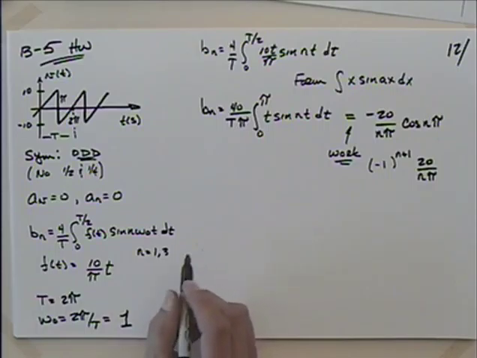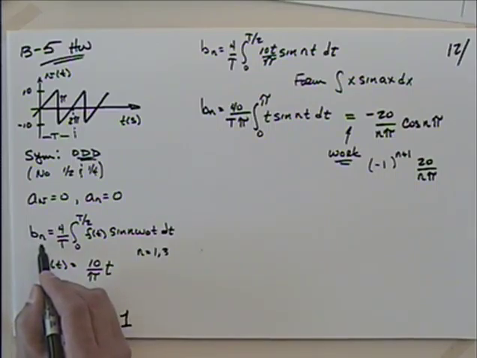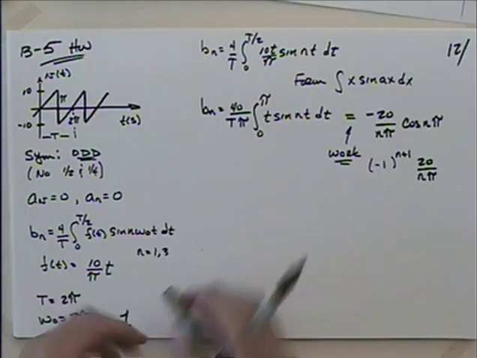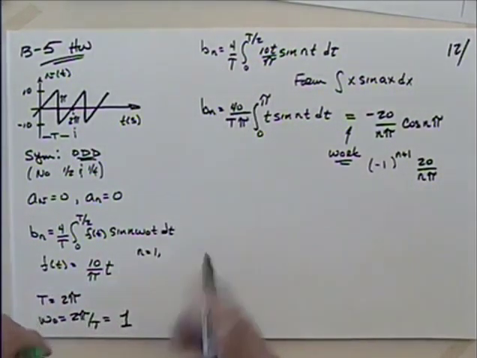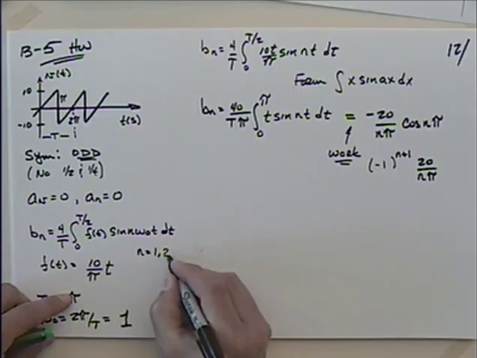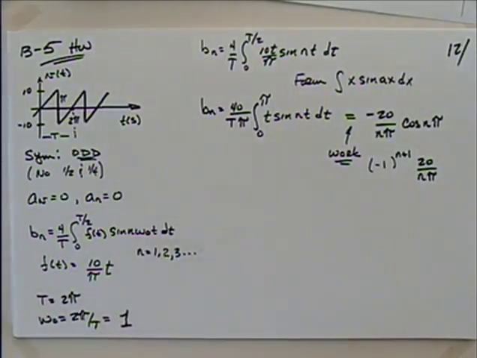Anyone got that in their notes? Is this n value in here for just the odds, or is it for all terms? I think it's for all terms, isn't it? It's for all terms. Okay, so 1, 2, 3, and so on.